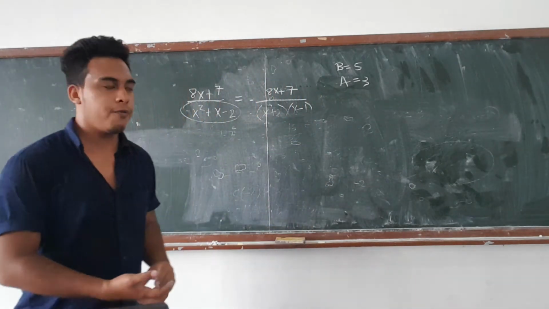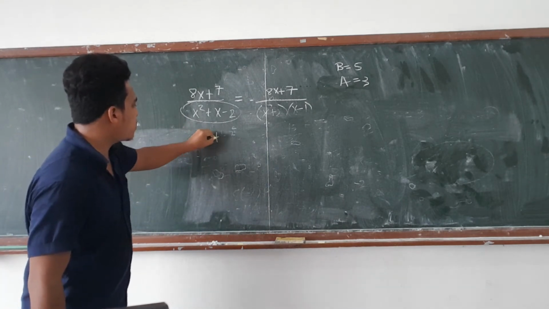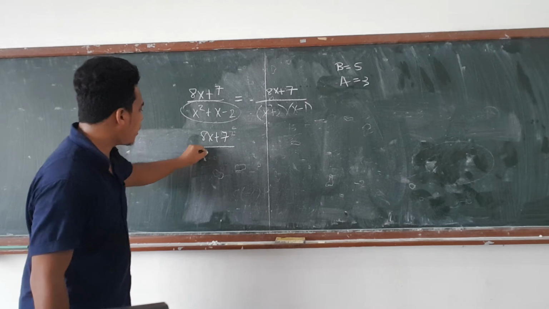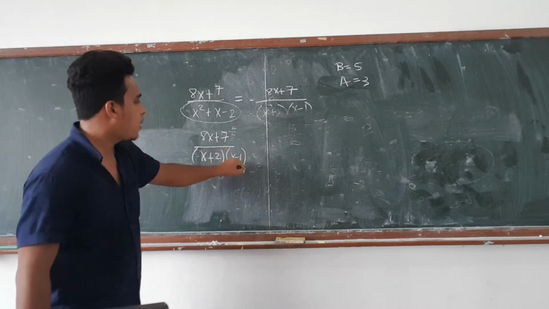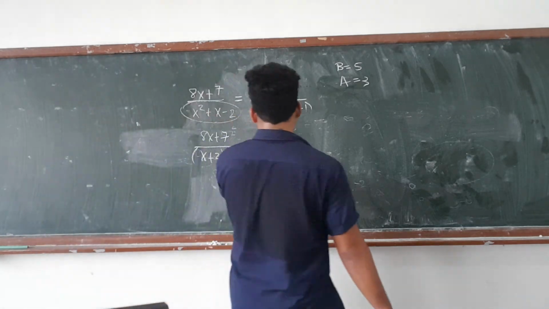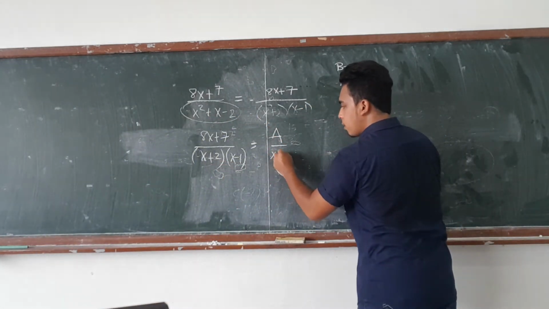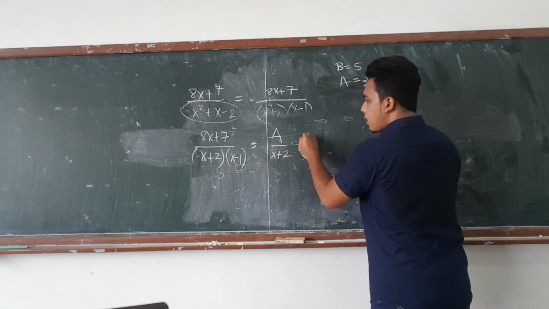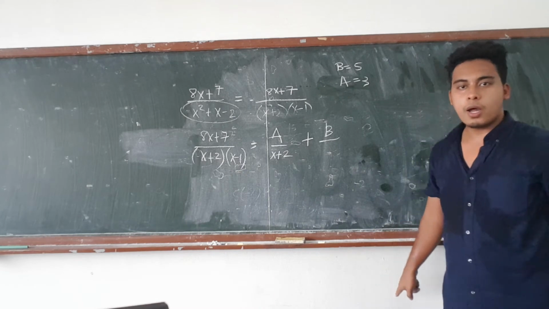Going back to the first equation, 8x plus 7 over x plus 2 times x minus 1 equals a over x plus 2 plus b over x minus 1.